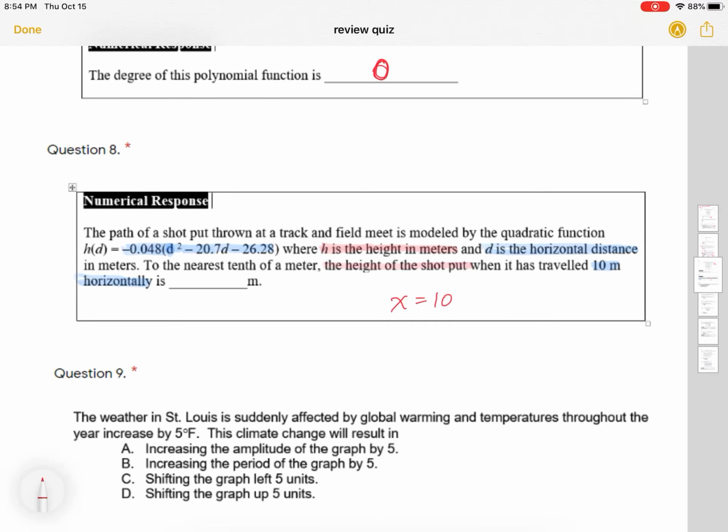So I'm going to put in this equation, negative 0.048 bracket x squared, minus 20.7d minus 26.28 close bracket.